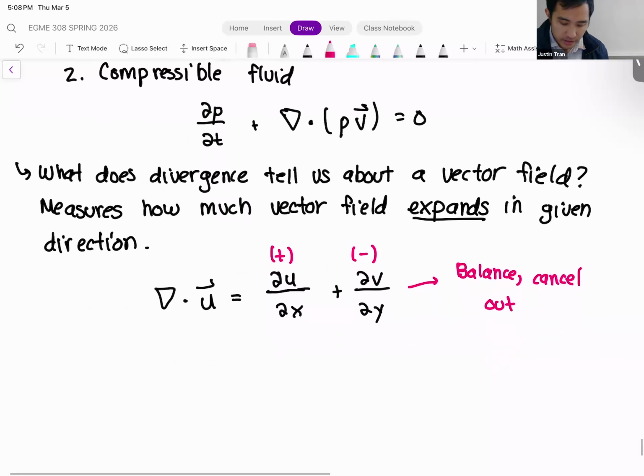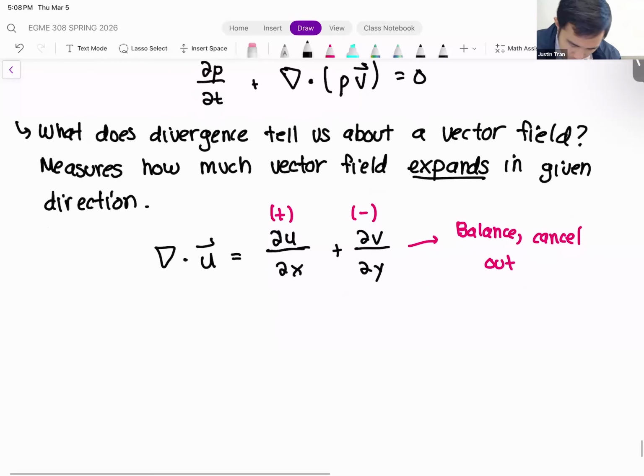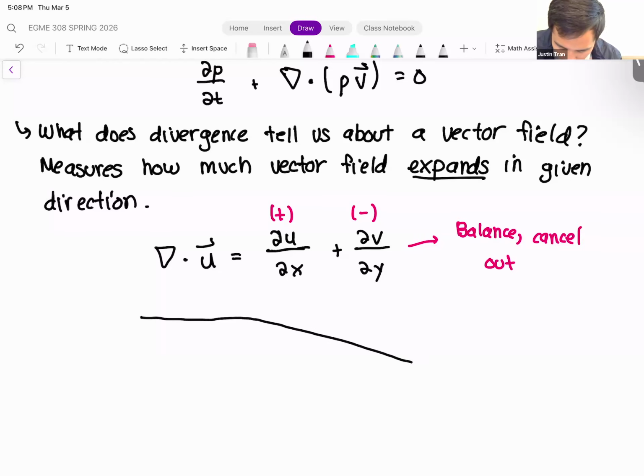Now this situation happens a lot. I think the most common situation of this is flow through a nozzle. Let's say that we have a converging nozzle like this. You see this in your hose. You constrict the flow to force the flow to have a higher velocity.